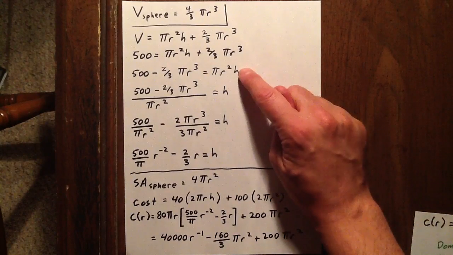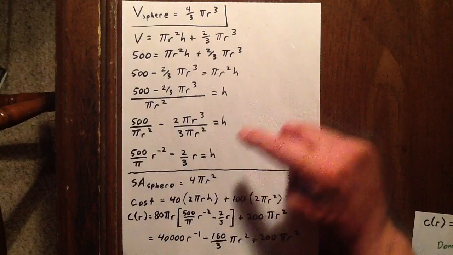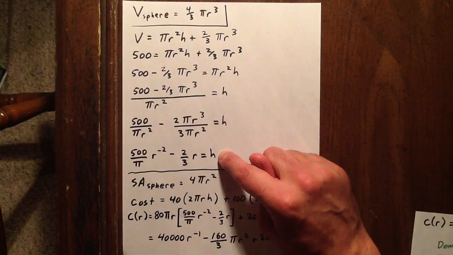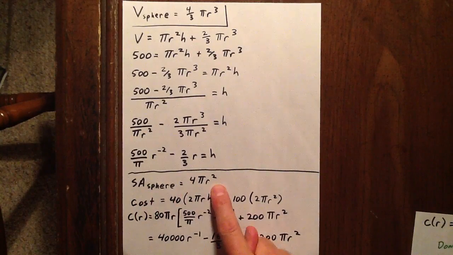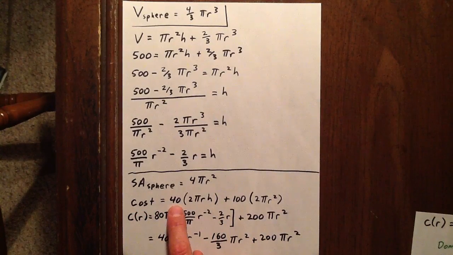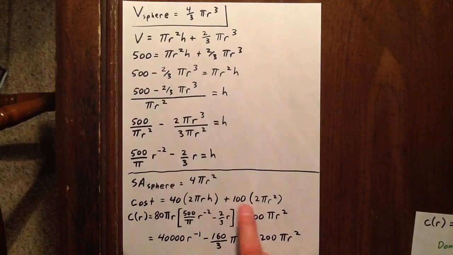What we want to do here is isolate the h, so that by doing that we only have one variable in our surface area formula, because remember, what we're trying to do is minimize the cost. Now, we know that the surface area of a sphere is 4 pi r squared, and we know that the cost is going to be $40 times the area of the walls plus $100 times the area of the sphere.